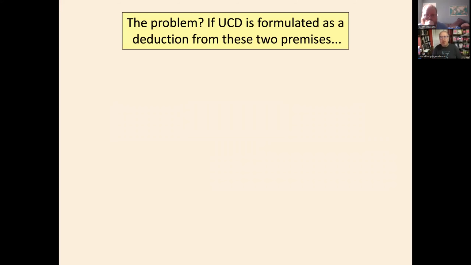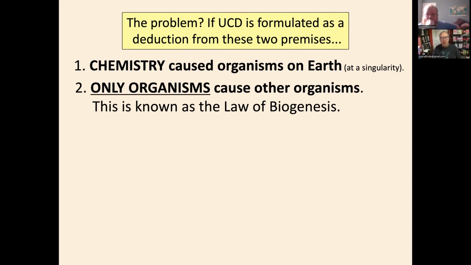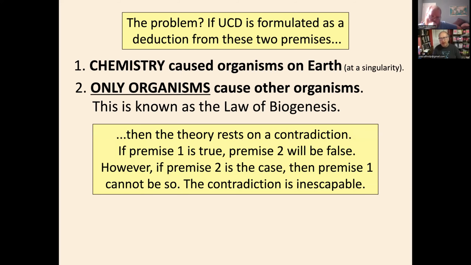If you formulate universal common descent as a deduction from these two premises, namely, one, abiogenesis happened from chemistry at a singularity. Two, only organisms cause other organisms. Then the theory rests on a contradiction. If premise one is true, premise two cannot be.